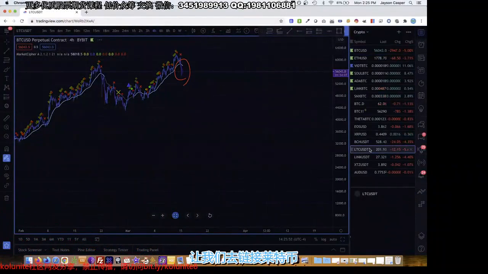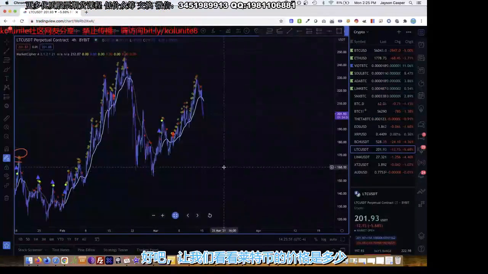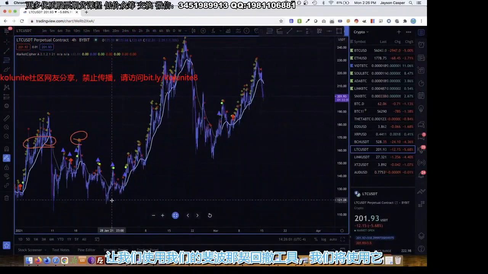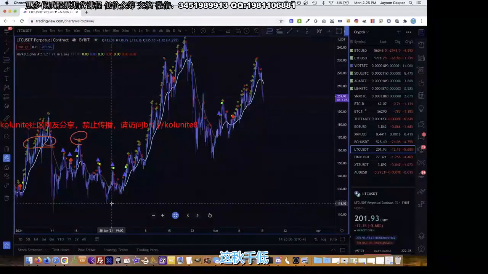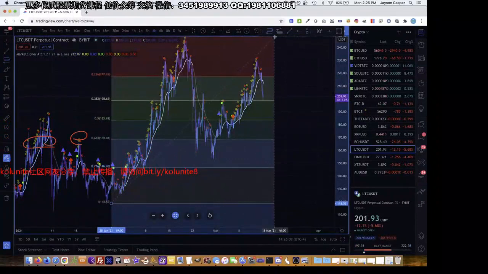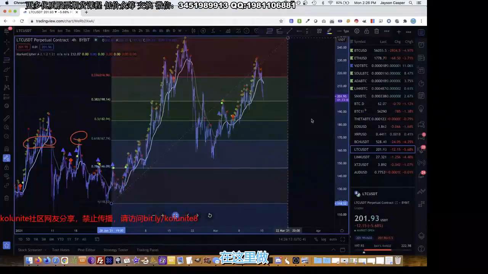Let's go to Litecoin, LTC/USDT, and see what price does. Let's take our Fibonacci retracement tool, and take it from the swing low, I would consider this the swing low, to the swing high. And let's take a look at what price does here.